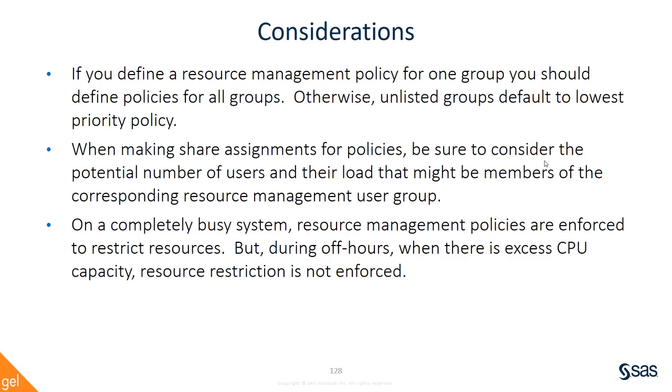And as Jane led me to earlier, this really doesn't matter if the system's not busy. If there are adequate resources, everybody gets as much as you can possibly get. But if the system gets busy and it reaches capacity, now I have to decide who gets what. And that's when the policies come into play.